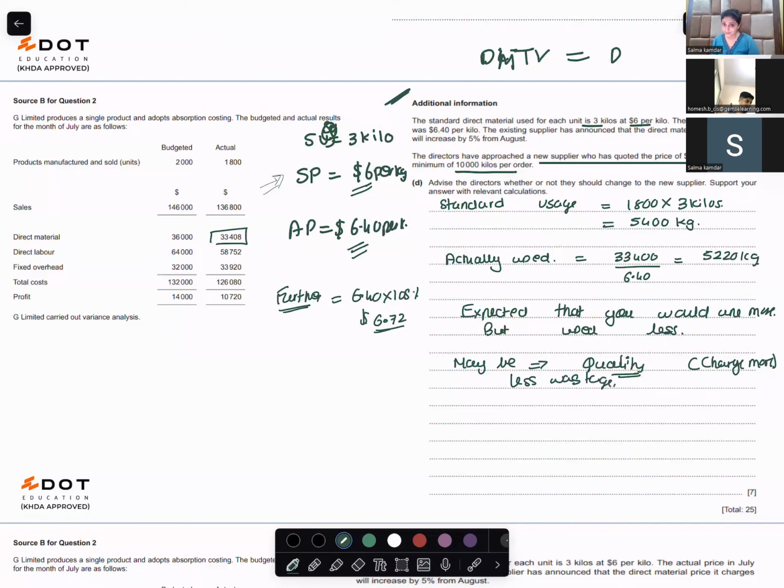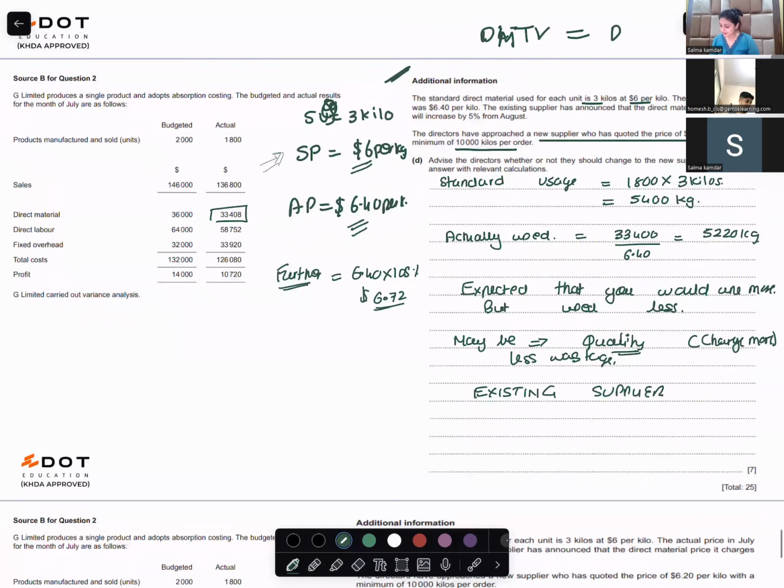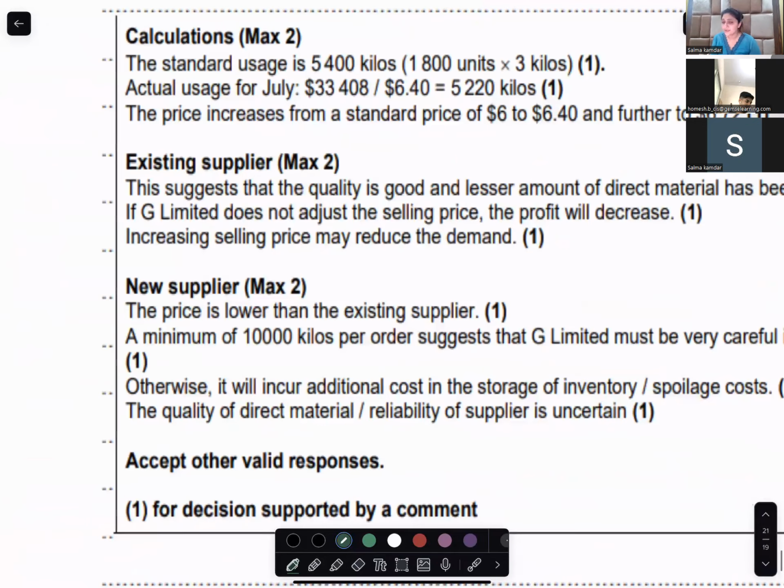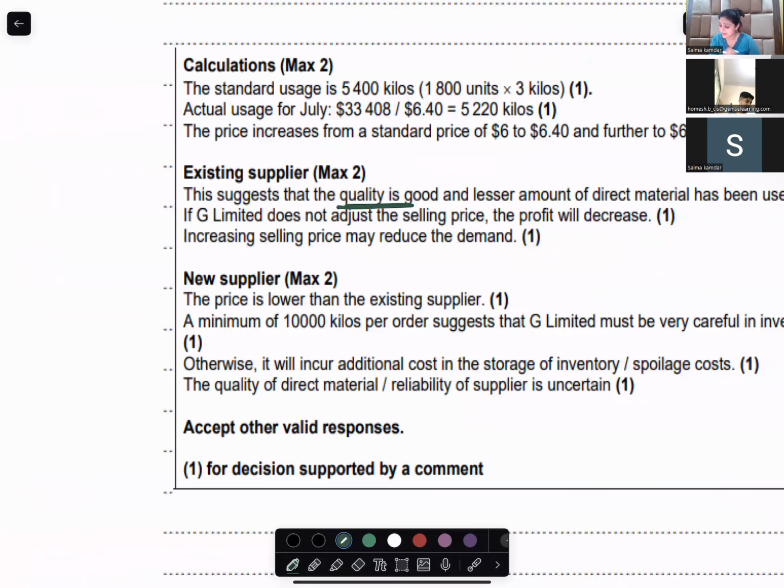If I go with my existing supplier, I know that the quality of the material is good. I am using a lesser amount of material, approximately 180 kg less.